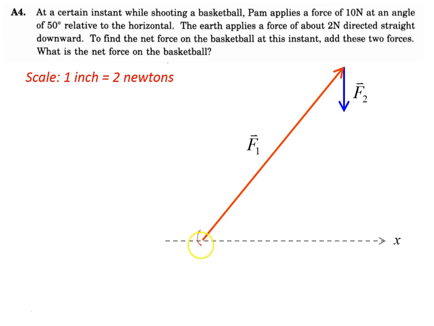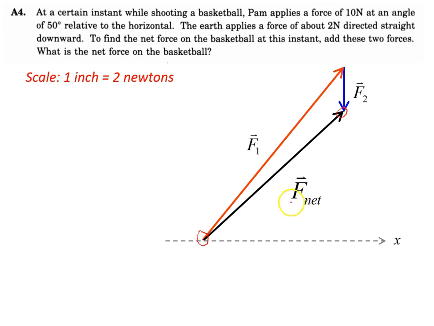You go back to the tail of the very first vector, and you draw an arrow with a straight edge until you get to the tip of the last one. Here it comes. Now this, of course, is going to be our net force.